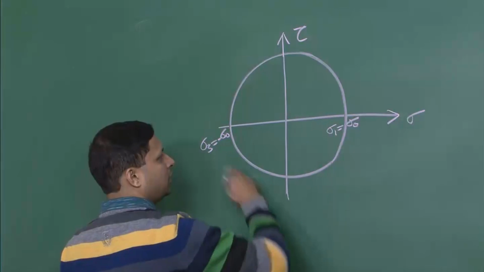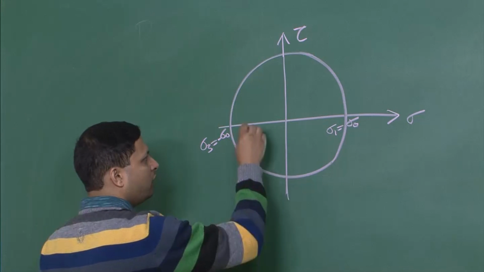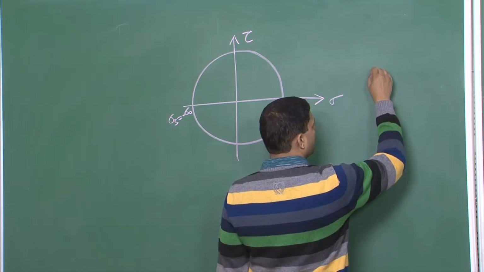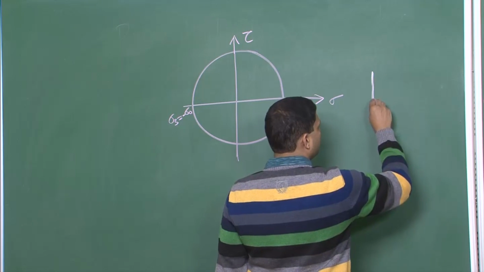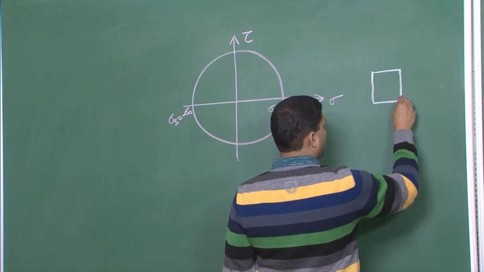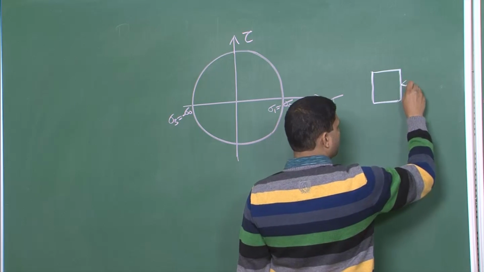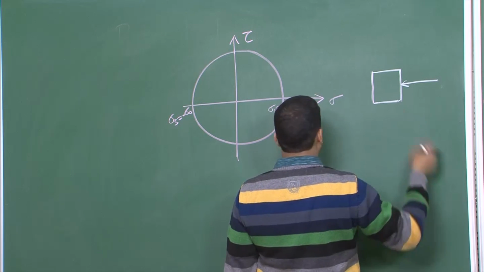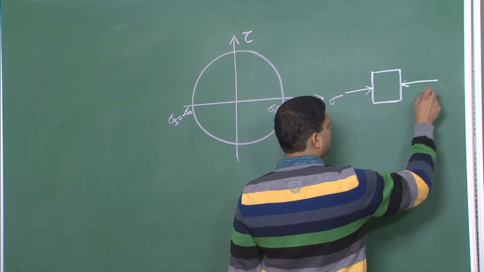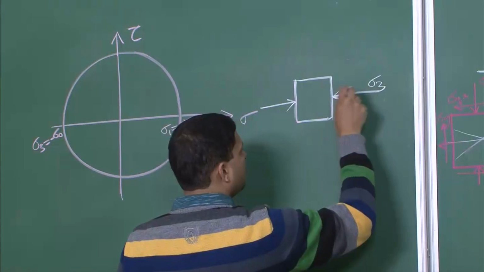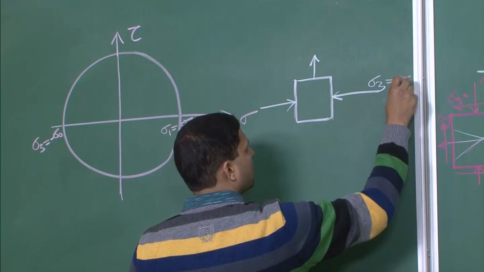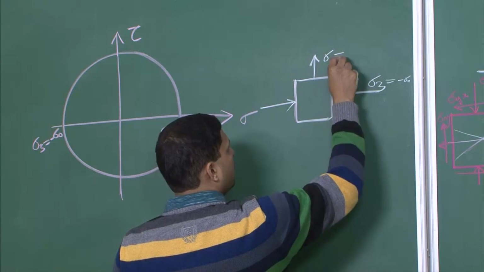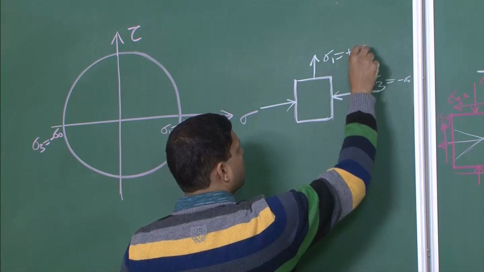bifurcating this circle. Now, first let me draw that small orientation. When I say this, what I have is like this. So, this is sigma 3 compressive, which is equal to minus sigma naught, and we have sigma 1 equal to plus sigma naught.